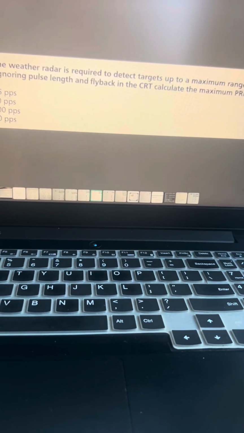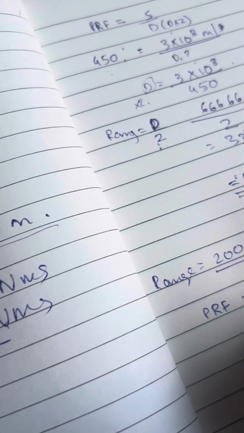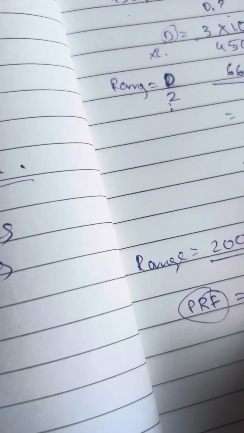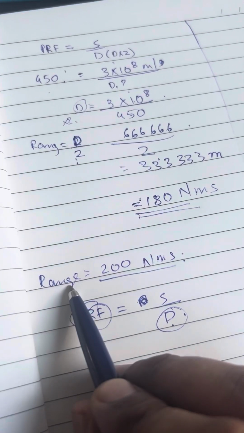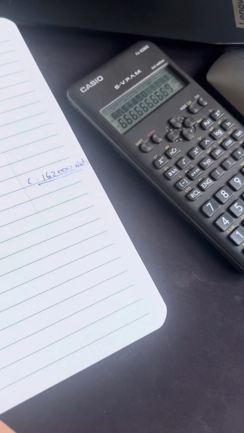I have a simple formula: PRF or PRR is equal to speed upon distance. I have been given the range, and here the distance will be twice the range. This is the only point that we have to be careful about.